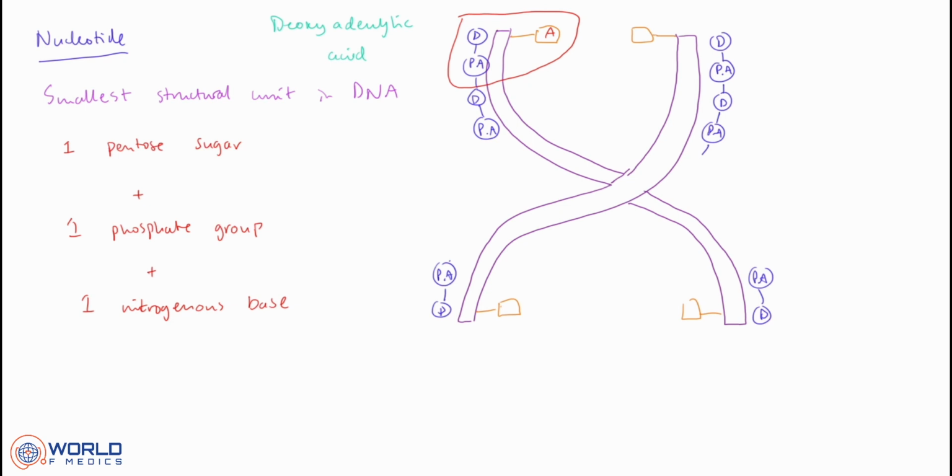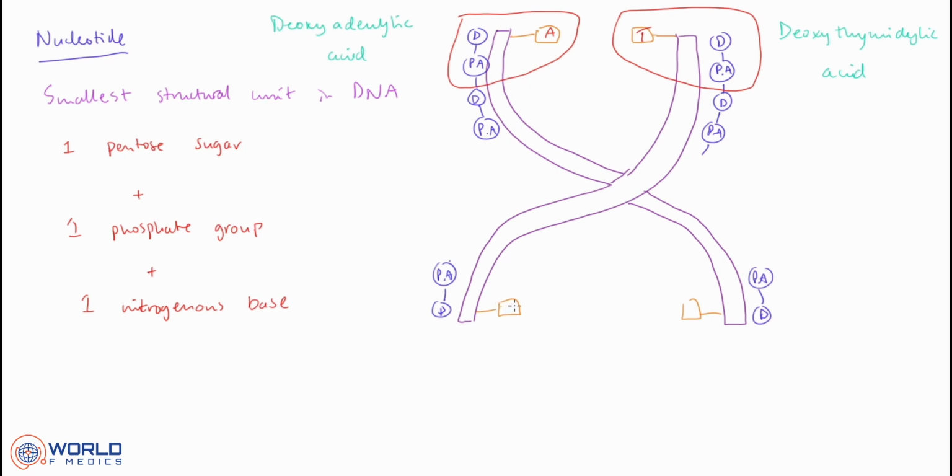And, well, adenine is also going to be joined to thymine, isn't it? Because they always pair up. So you've got another nucleotide here. And the name of this is going to be deoxythymidilic acid. So that's deoxythymidilic acid. So that's our second nucleotide.